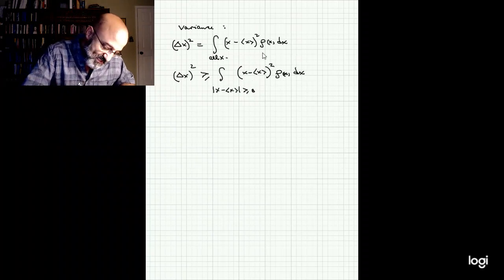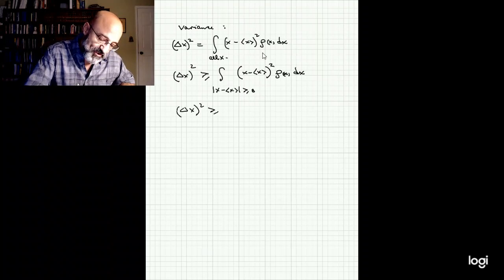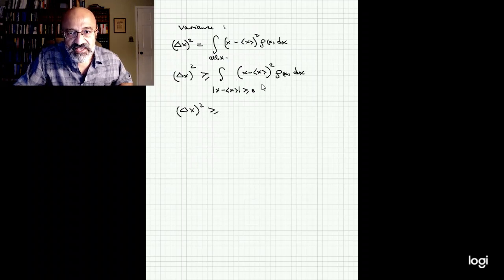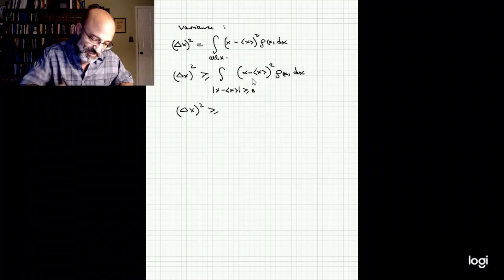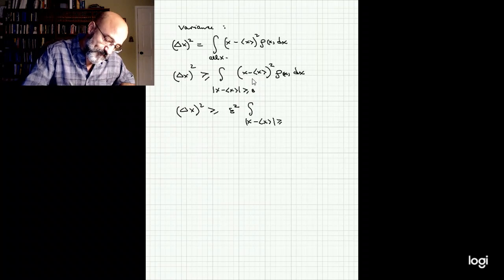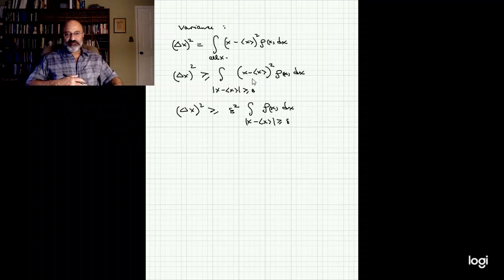Very good. Notice that because what I am including here are only terms where this is bigger than epsilon, I'm going to replace the right-hand side by something that's even smaller, the smallest value of this quantity, which is epsilon squared. And now I continue to integrate over x.